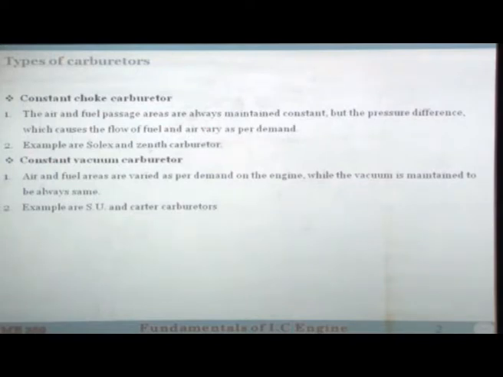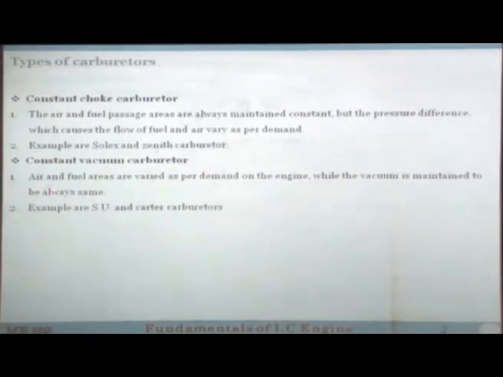So, the flow of fuel and air is varied by changing the pressure difference, but the areas are constant. So, therefore, it is called constant choke. Okay. Constant vacuum carburetor, in this the air and fuel areas are varied as per demand in the engine, while the vacuum is maintained constant.